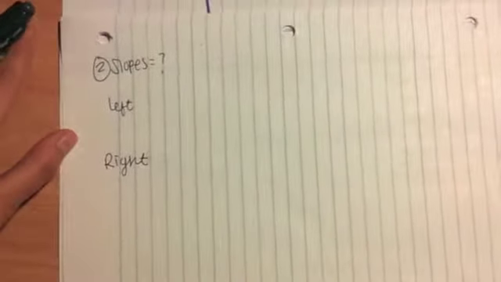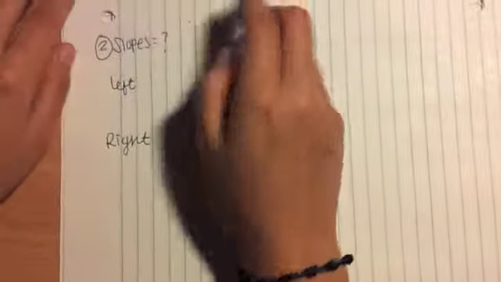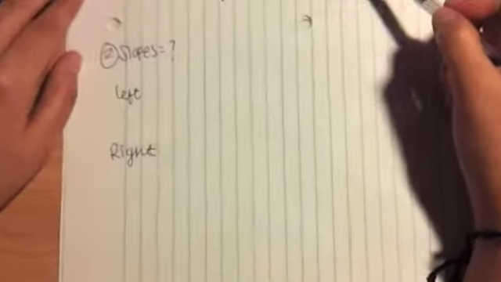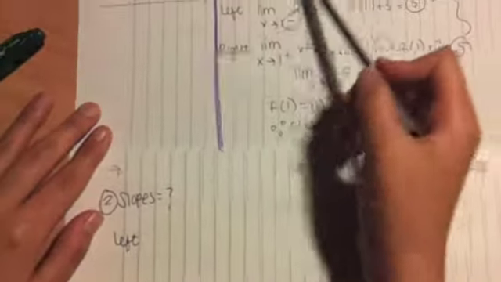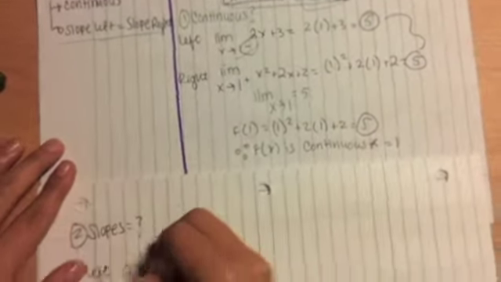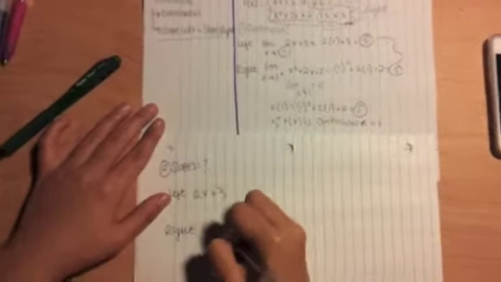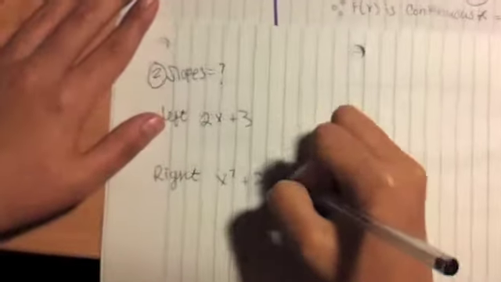Okay, so we're still going to pick the function that we had from the left, so it's 2x plus 3. And we're going to take the slope of that, and the slope of this function, and check if the slope from the left and the slope from the right are equal.